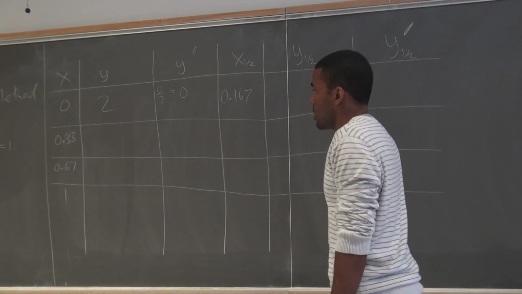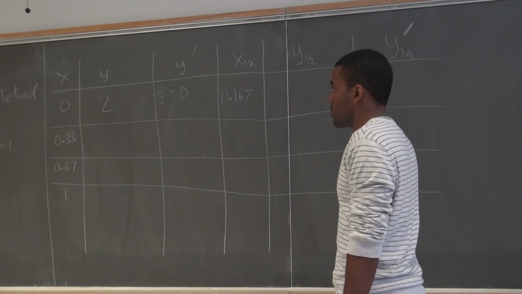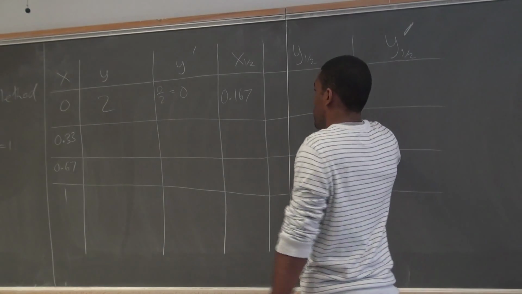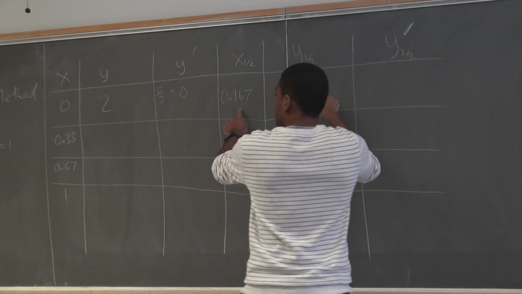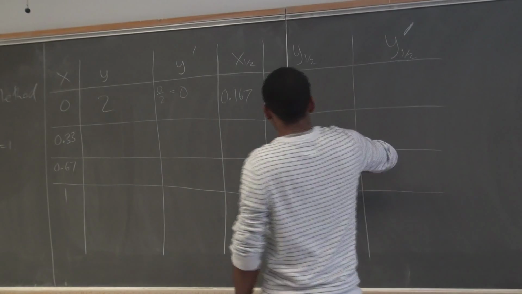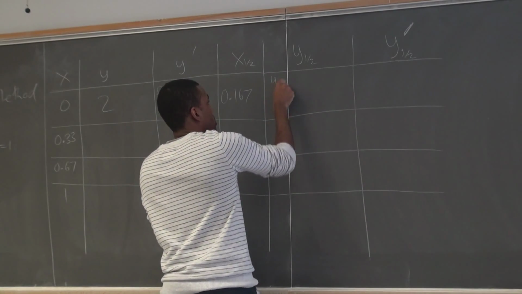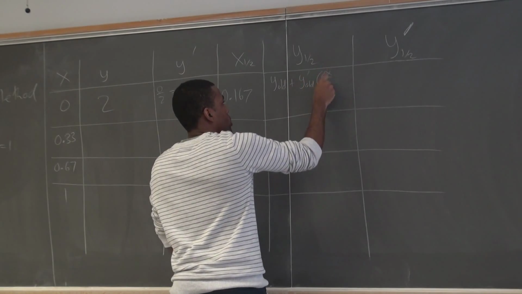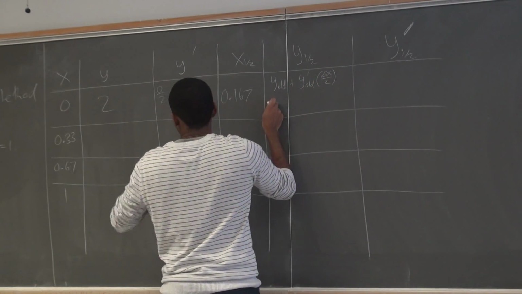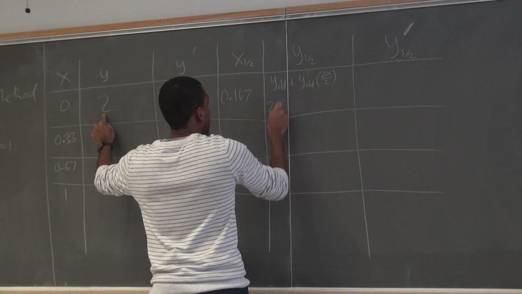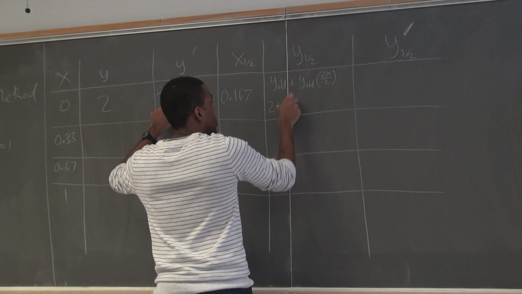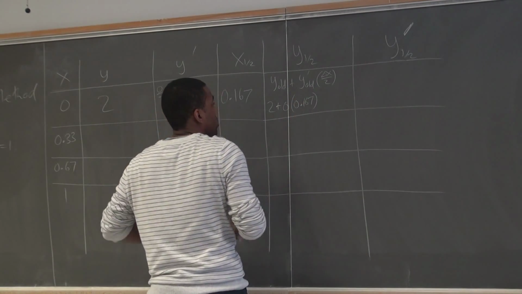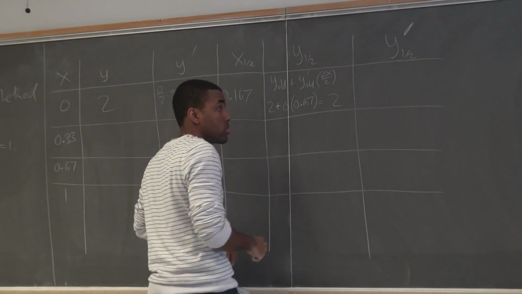And how do I get to the y half now? Remember, here we use the regular Euler's method with delta x over 2. So this is y old plus y prime old times delta x over 2. So this becomes 2 plus 0 times 0.167, which is just 2.